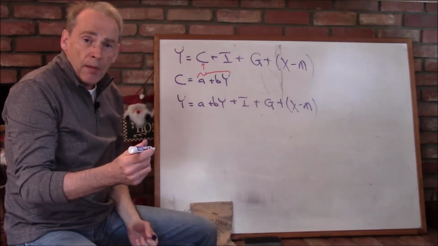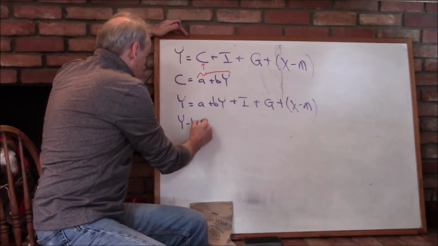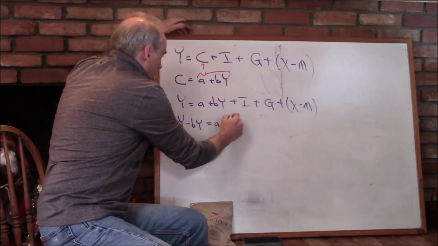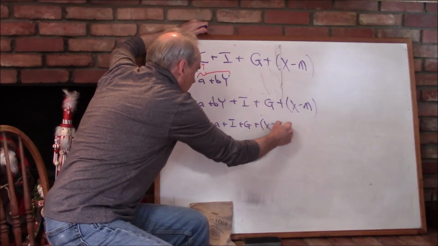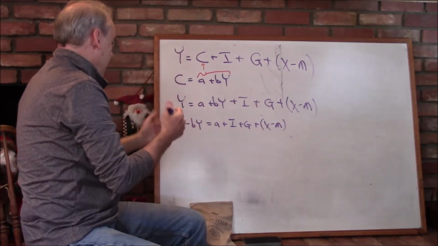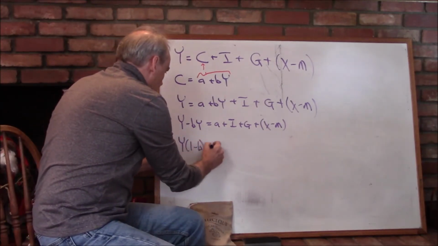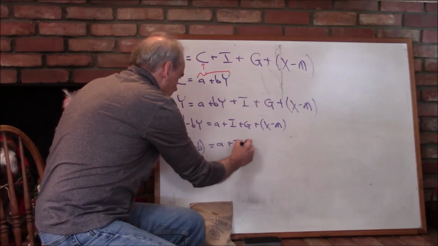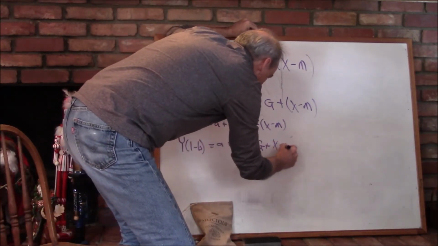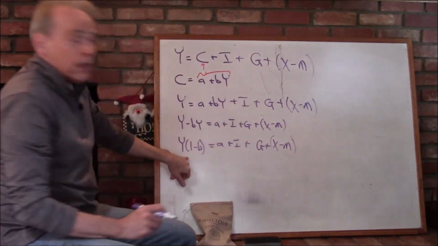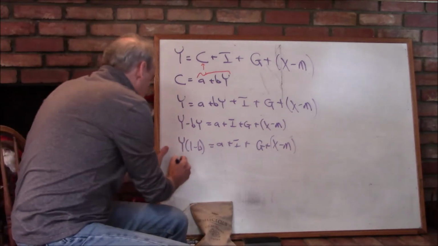Now let's solve for Y. Get all the Y's on the left-hand side: A plus I plus G plus X minus M. Factor Y out. Y times 1 minus B equals A plus I plus G plus X minus M. And then multiply both sides by 1 over 1 minus B, which is the same as dividing.